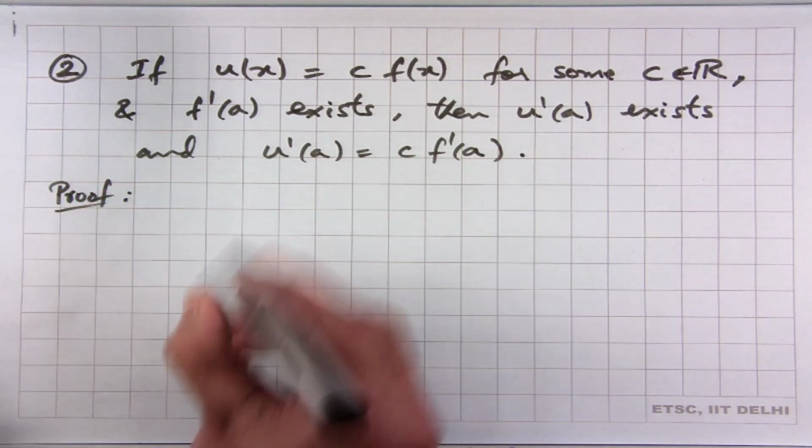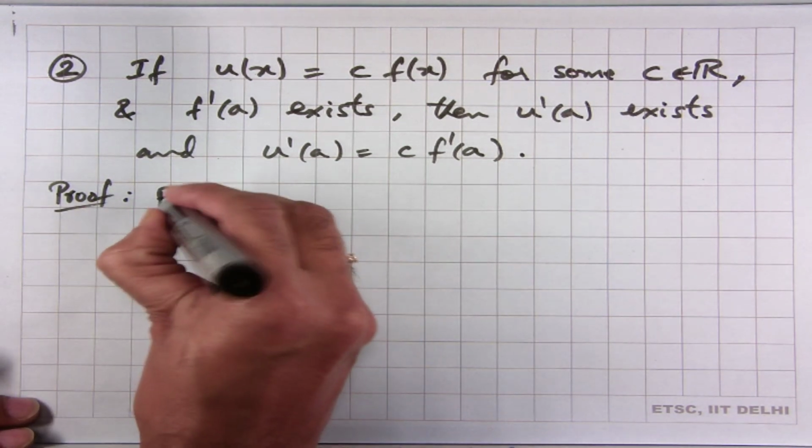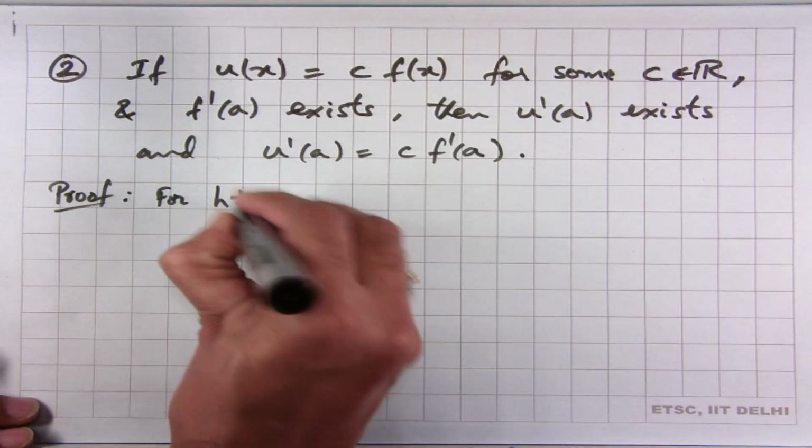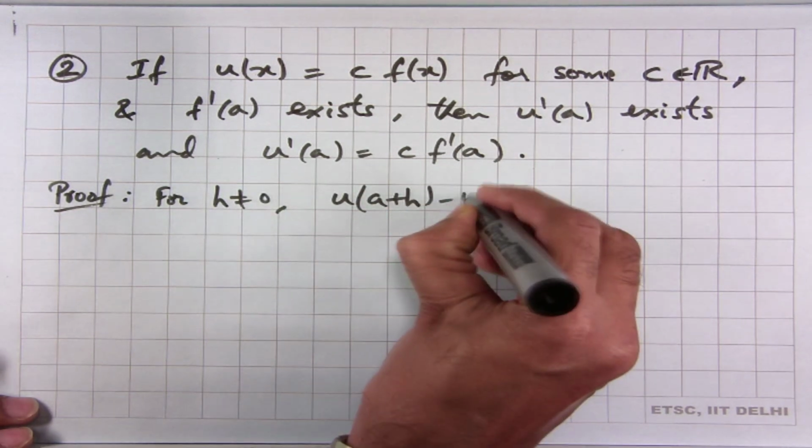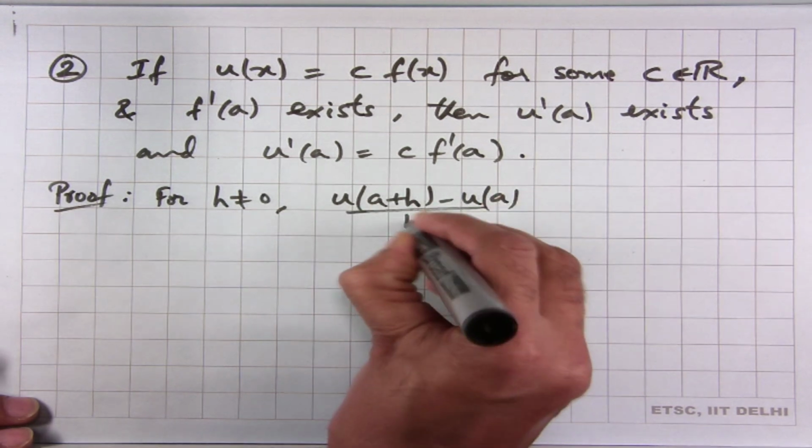So, to prove this, again we write what is u(a plus h) minus u(a) by h.